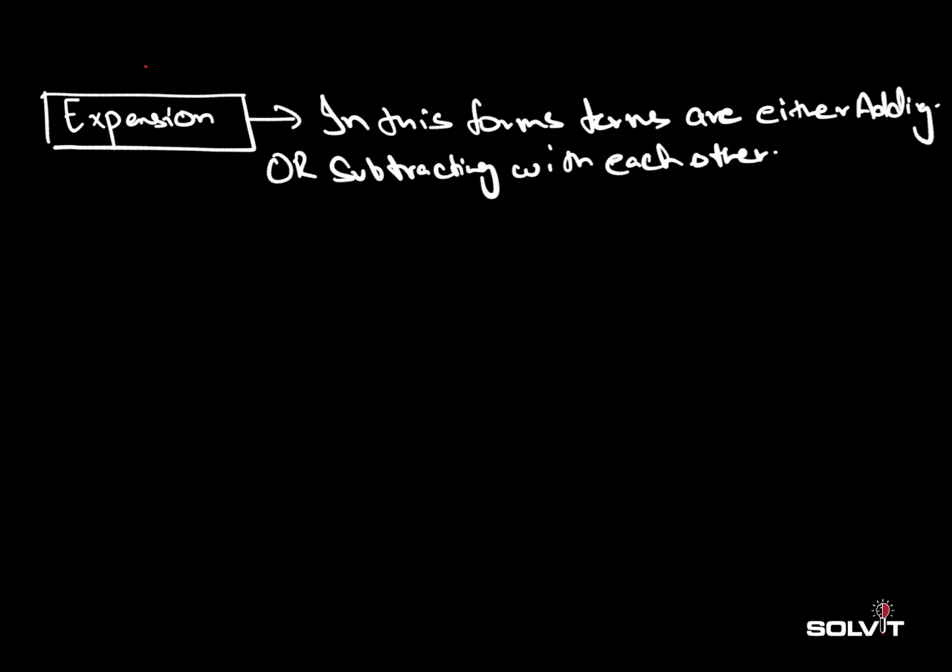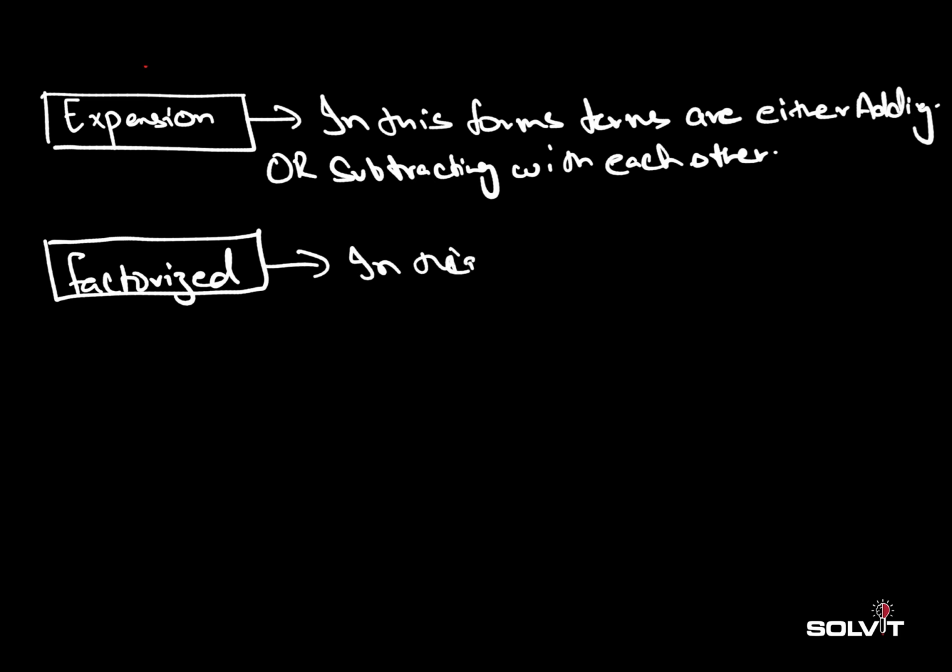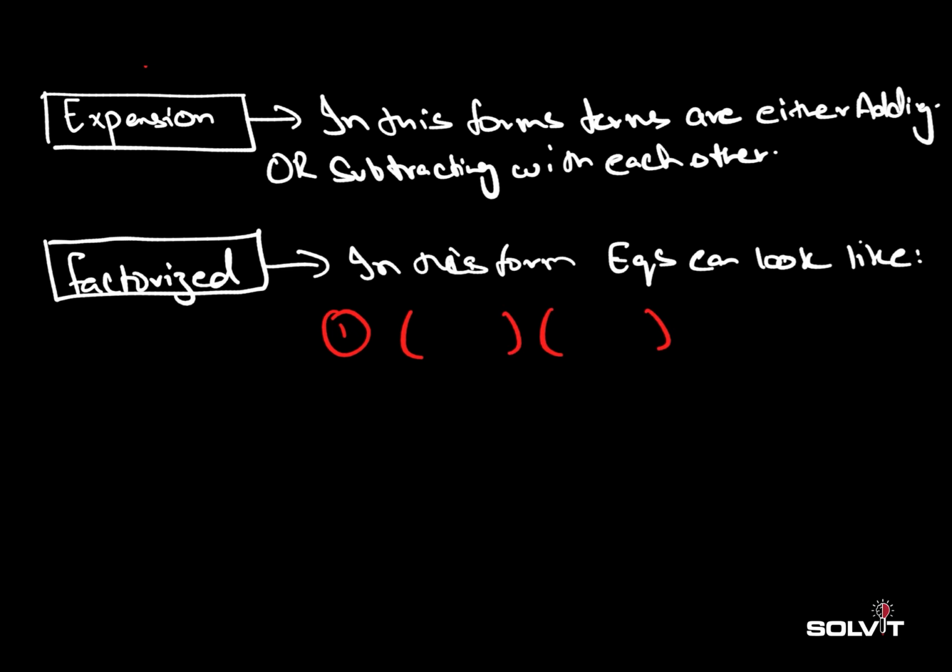But when we say that we are in factorized form, there can be numerous forms that our expression or equation can look like. The first thing is two brackets being multiplied.